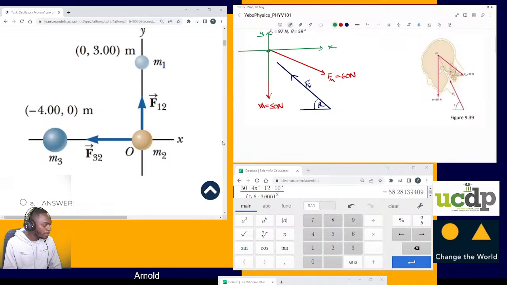So essentially what we need is the resultant of these two forces that were given, that is the weight and the Fm. Okay. And remember, if you are to find a resultant, Fr is equal to the square root of the summation of forces in the x squared plus the summation of forces in the y squared.